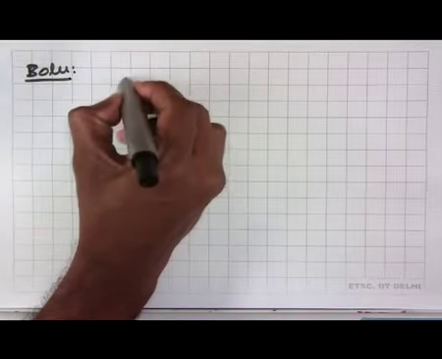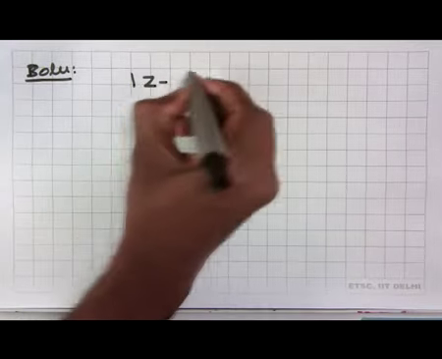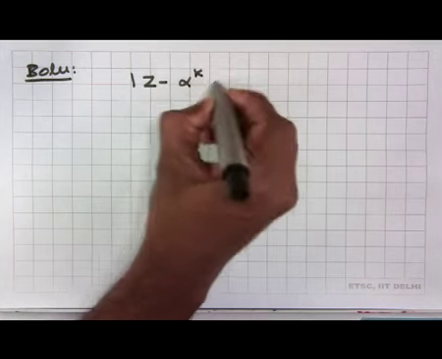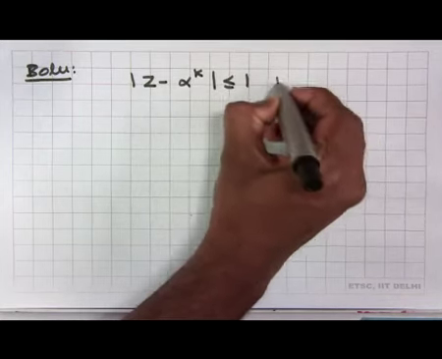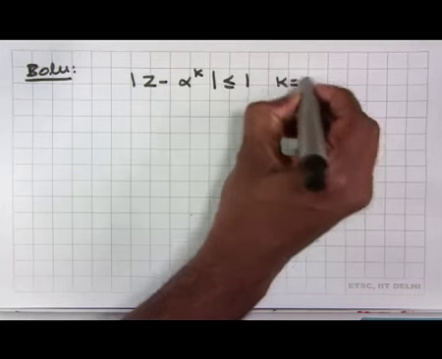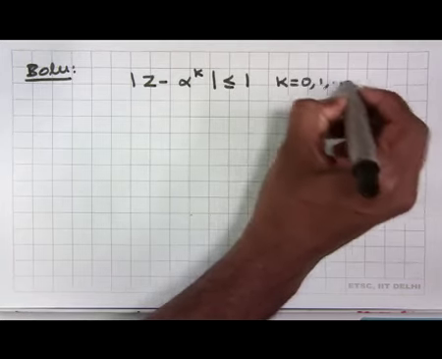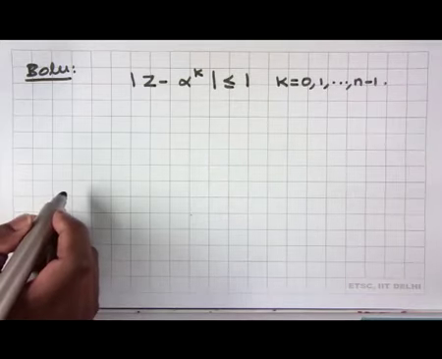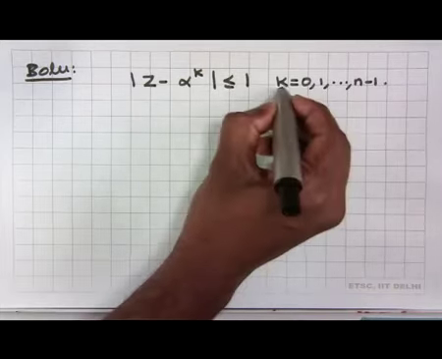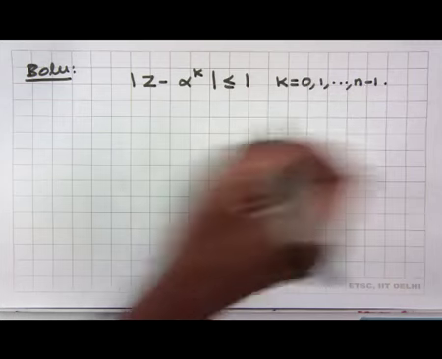Given to us, that is, |z minus alpha^k| is less than or equal to 1 for all values of k from 0 to n minus 1. So, now I just fix a value of k which is in 0 to n minus 1.